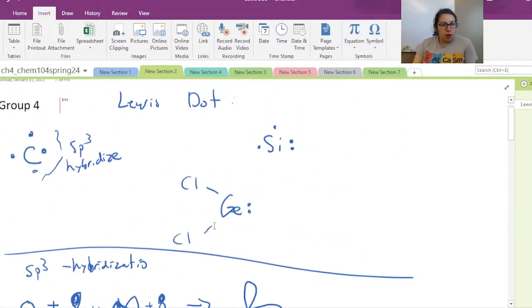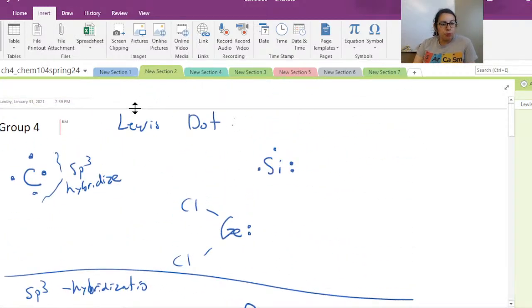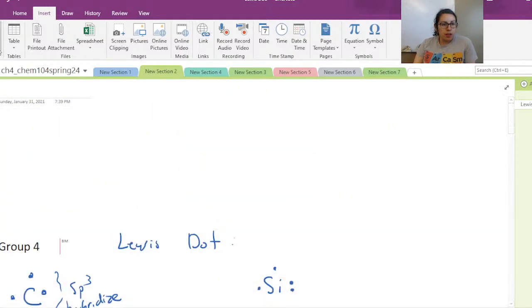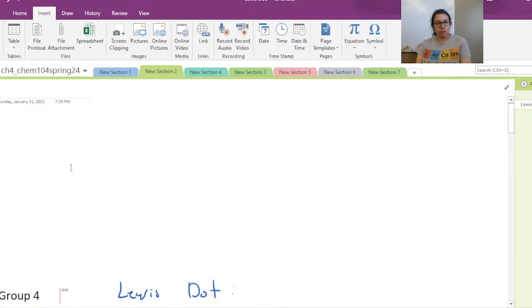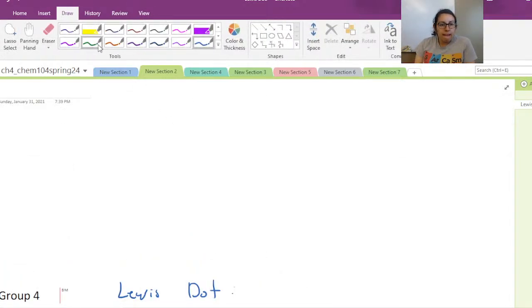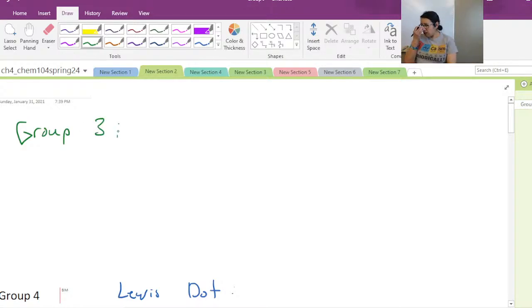Let's see. Oh, I skipped. Let's add in group 3, since there are some funny ones in there. Group 3 are kind of odd. We started talking about them, like the aluminum trichloride, right?